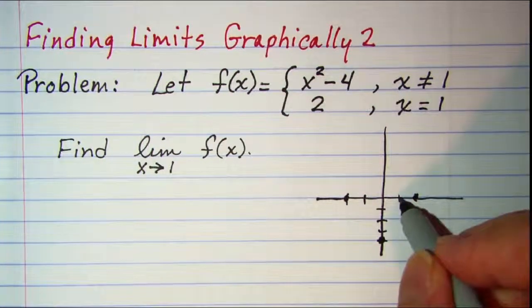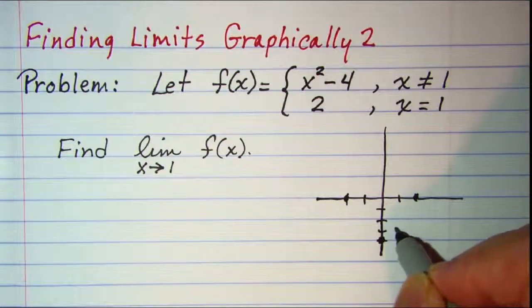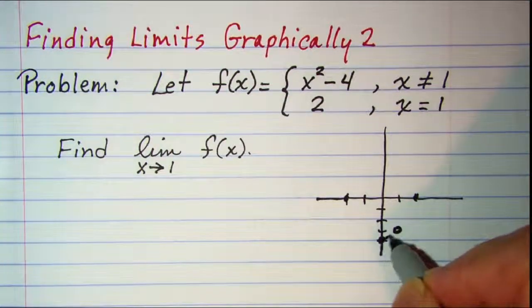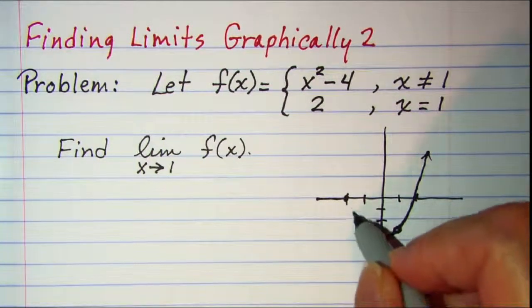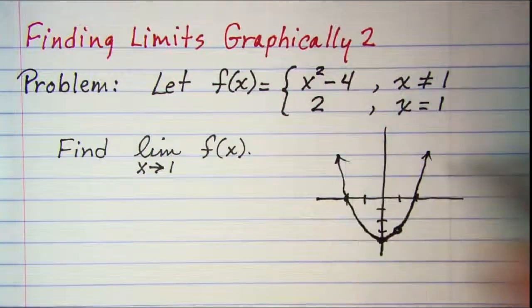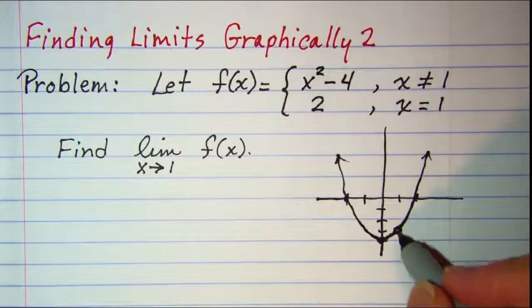And then for x equal 1, we have a hole in the parabola. So our graph looks something like this with a hole right here.